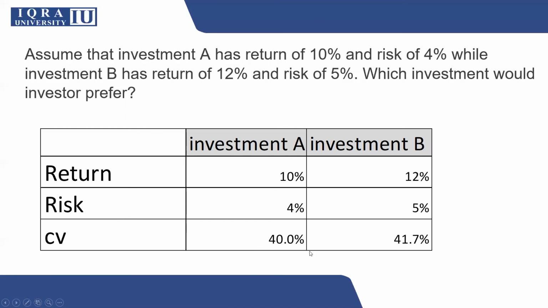So in this case, we would prefer investment A. Of course, it is giving less return, but it is less risky as compared to this one. So in this type of situation, when you have a different return and different risk, taking a decision is based on the coefficient of variation.